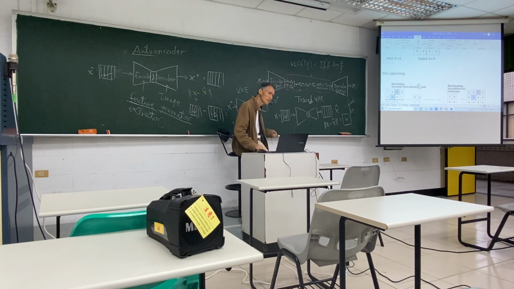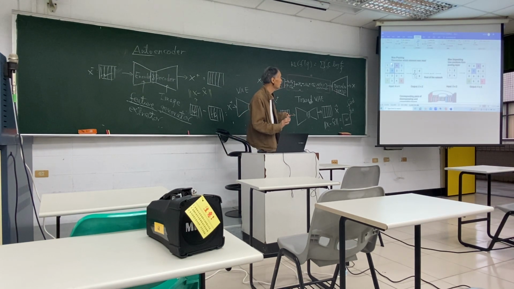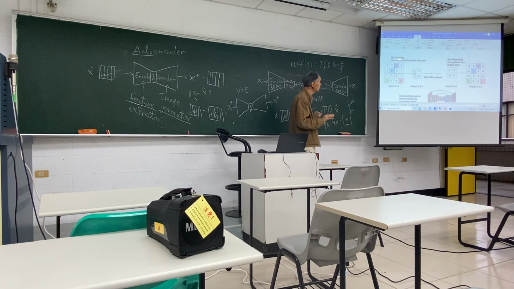The other way, a little bit odd but used in early versions, is called max unpooling. This is the process in the encoder. Suppose we have a feature map like this, 4 by 4.